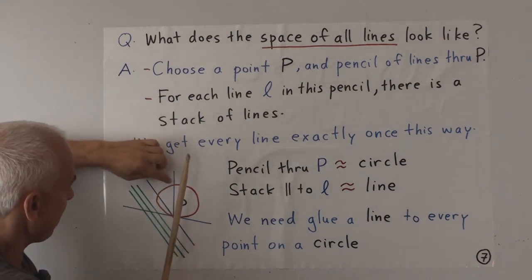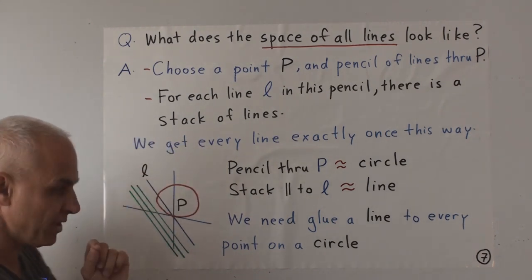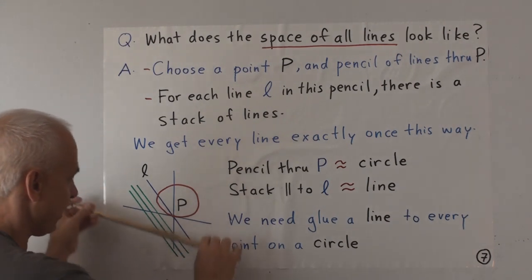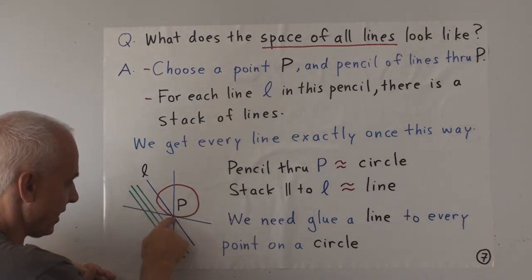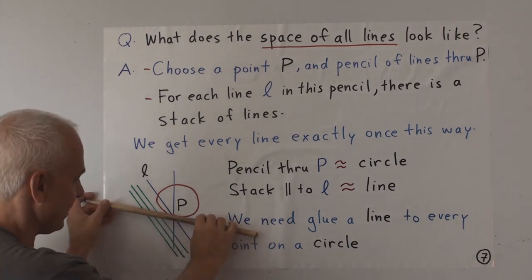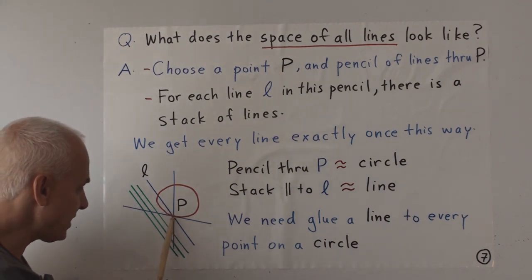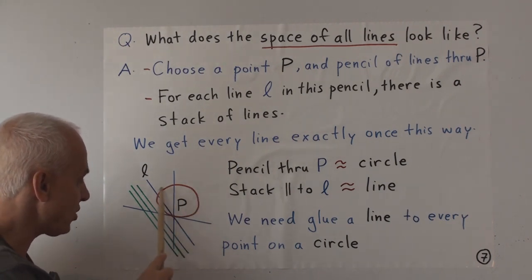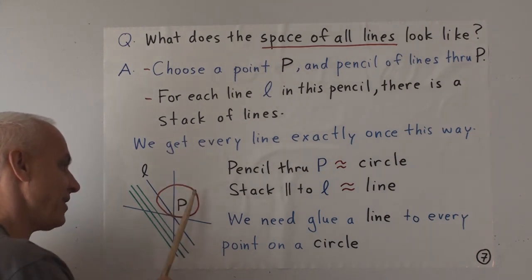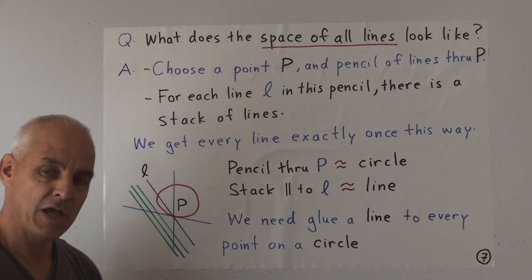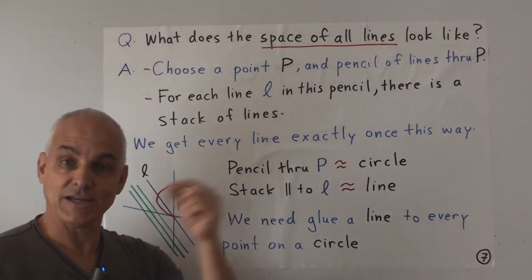And every point on the circle determines such a line. That's true with the exception of the tangent line itself. That only intersects the circle at that point. In fact, it sort of does a double intersection because it's tangent to the circle there. And that means that we can associate to every point on this circle a line in the pencil, and every line in the pencil is associated to exactly one point. So we say that topologically, the pencil of lines through P is a circle.